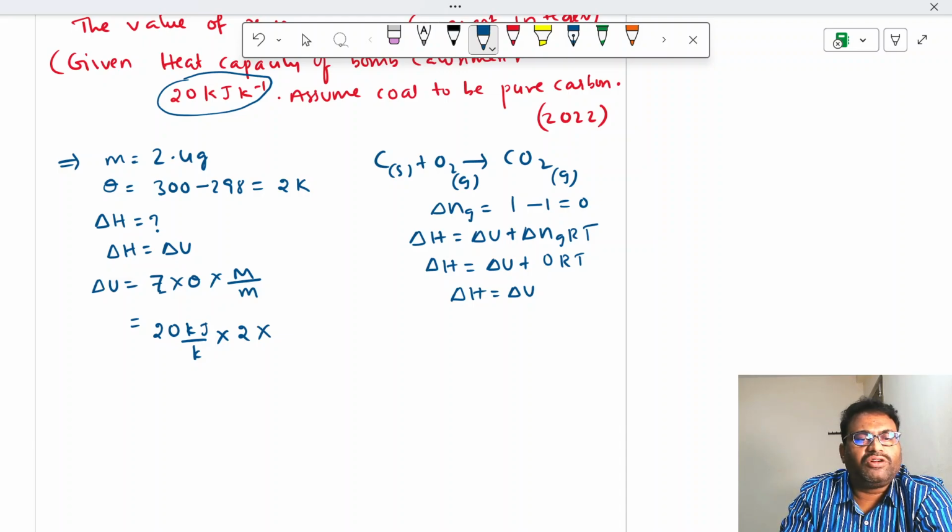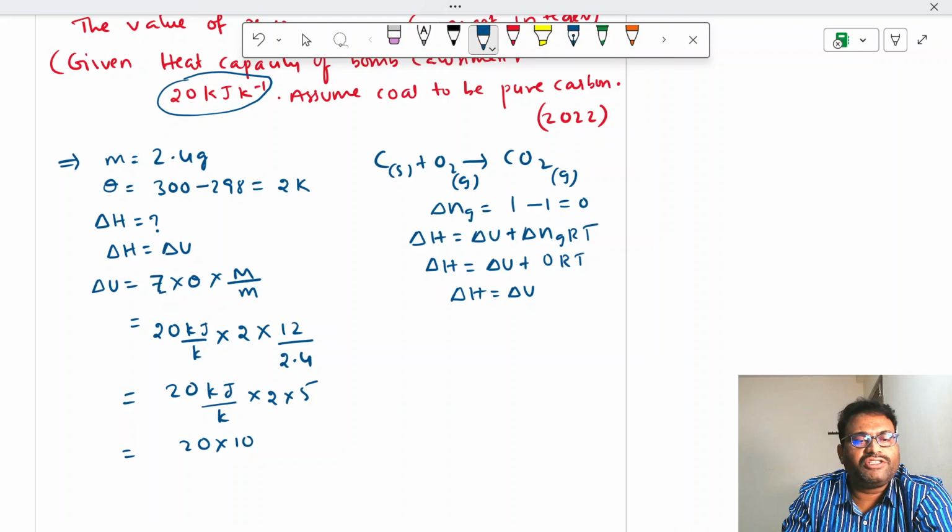Carbon molecular weight is 12 by mass of the substance taken in the bomb calorimeter is 2.4, that is equal to 20 kilojoule per Kelvin into 2 into 5. So 20 into 2 into 5, 10, that is equal to 200 kilojoule per Kelvin.